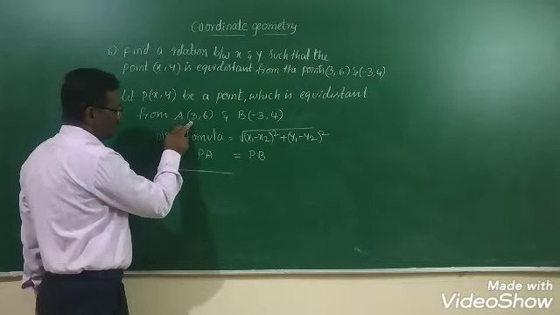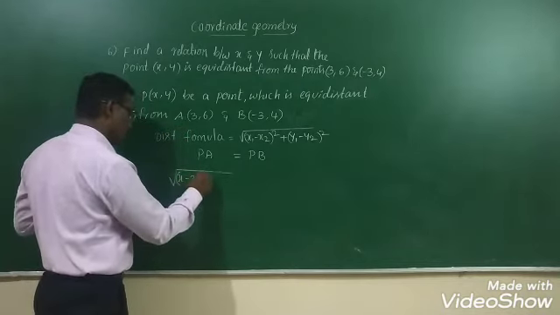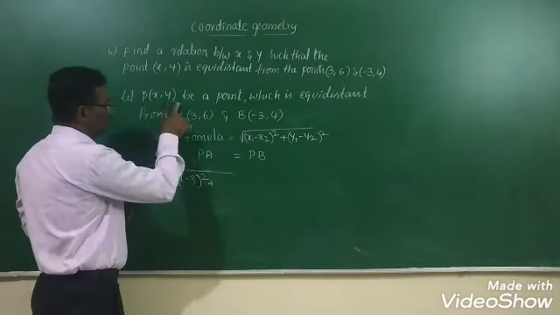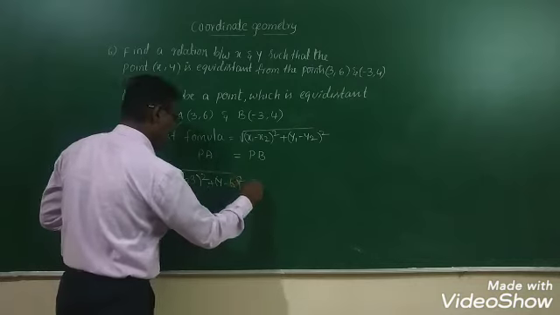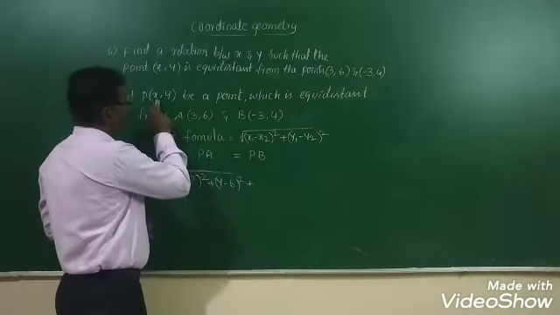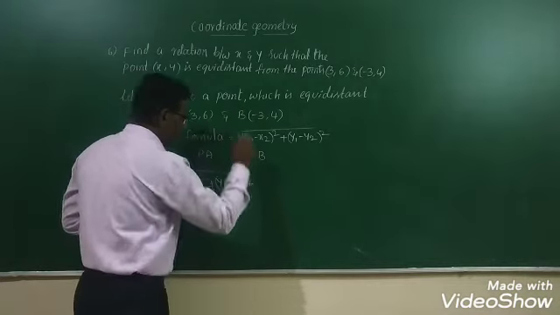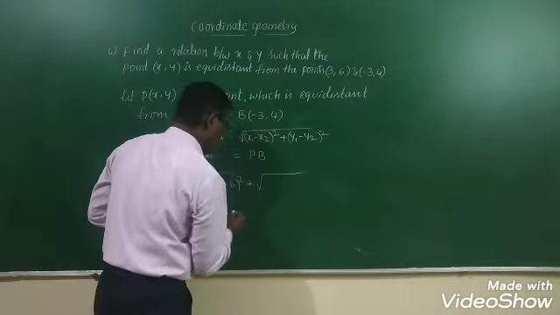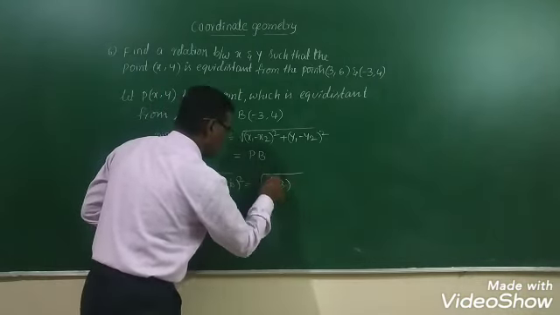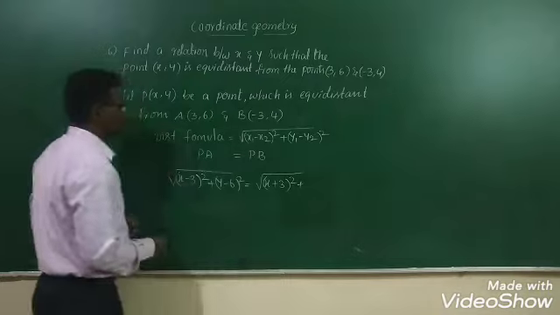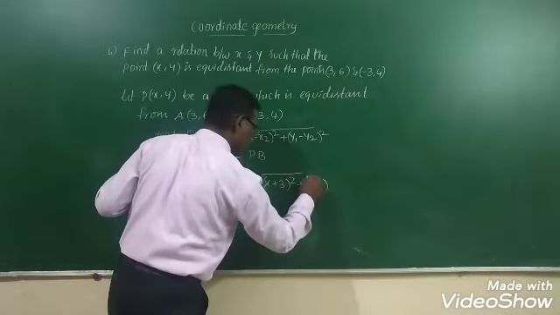Square root of x minus 3 whole square plus y minus 6 whole square equals PB, square root of x minus of minus 3, that is x plus 3 whole square, plus y minus 4 whole square.